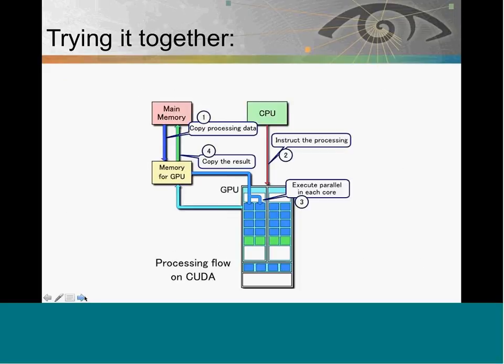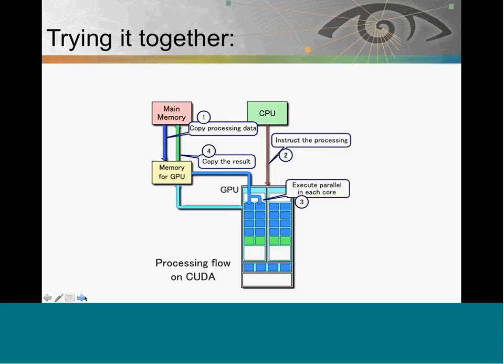So here is how CPU and GPU work together. Step one is you copy your, let's say, array A from memory to the GPU memory. Step two, to do it on that array, you may want to add the elements and get the sum, right?